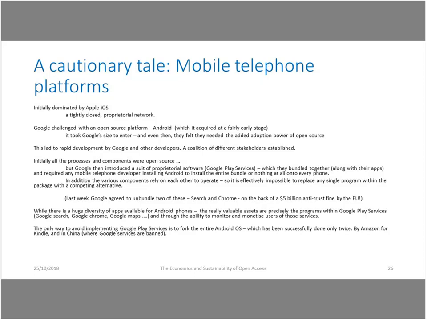What would be an open source platform is controlled through the software under Google Play services. That's allowed them to monetize across the platform through the control over the apps and the software used to interact between the various agents on the platform.